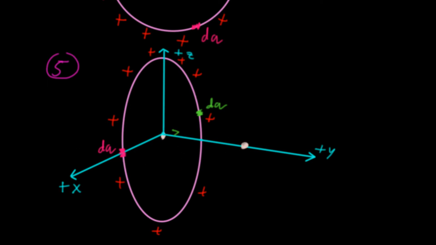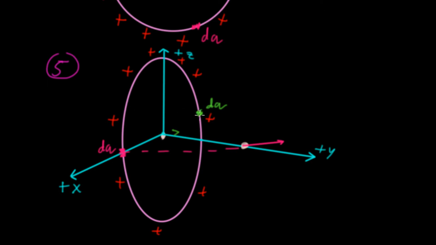For this magenta dQ, I'll try drawing a dotted line to help imagine where it's supposed to point, and it ends up pointing something like this. Then let's do it for the green one.